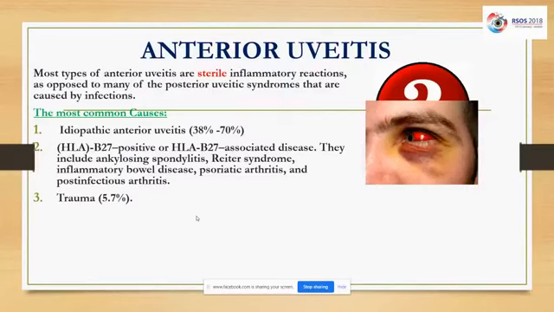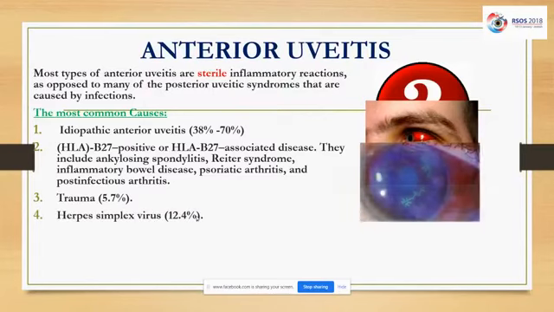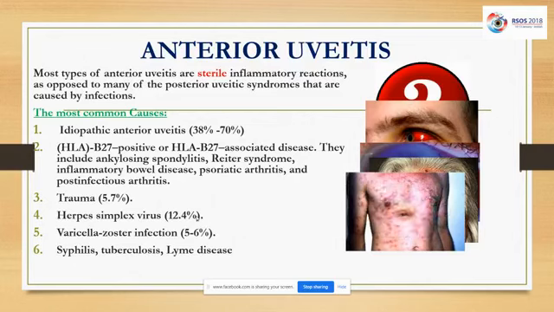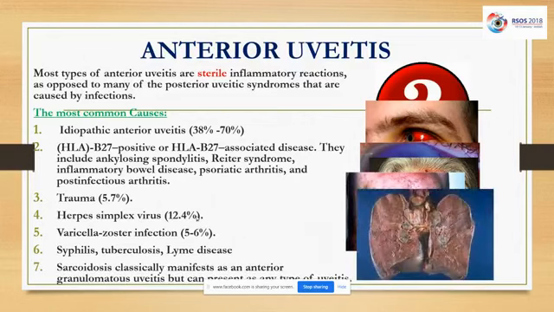Trauma in 5.7% of patients, herpes simplex in 12.4% of patients, varicella zoster in 5 to 6% of patients, syphilis, tuberculosis, Lyme disease, and sarcoidosis, which classically can present with granulomatous uveitis, but it can present with any type of uveitis.